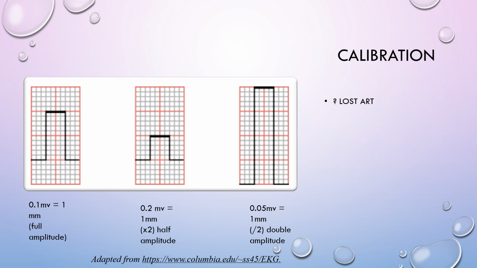And ideally, the inverted U is supposed to traverse 10 small squares, meaning 10 millimeters. And when we see that it cuts across 10, that is the full calibration, the full amplitude. It therefore means anything in that vertical axis, 1 millimeter, that is 0.1 millivolts, is actually equal to 1 millimeter.